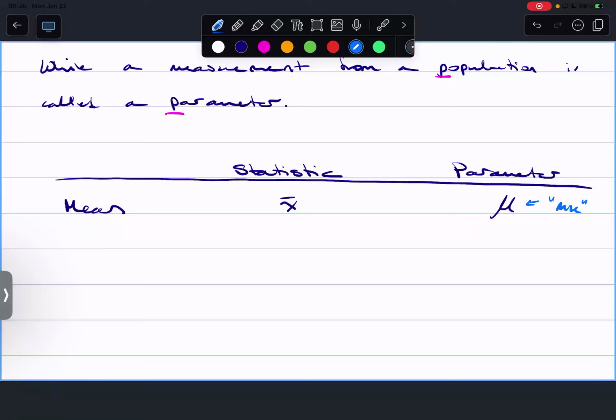Now I have. Okay, so we've got this sample information, but we're trying to learn about the population mean, which we need some other notation for. And so in general, we're going to use Greek letters. Greek letters denote parameters.